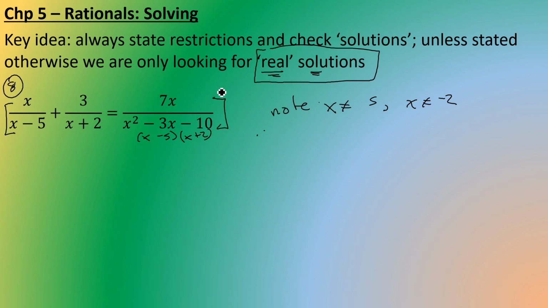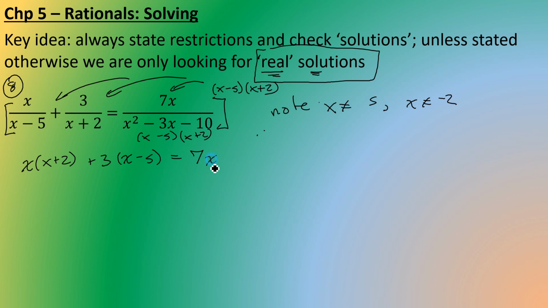I'm going to clear by multiplying by the common denominator of x minus 5, x plus 2. And I distribute that to all these terms. So on the first fraction, the x minus 5's cancel. So I have x times x plus 2. Then plus 3. The x plus 2's will cancel, so that leaves x minus 5. Then on the last fraction, everything cancels, and I just have that 7x.